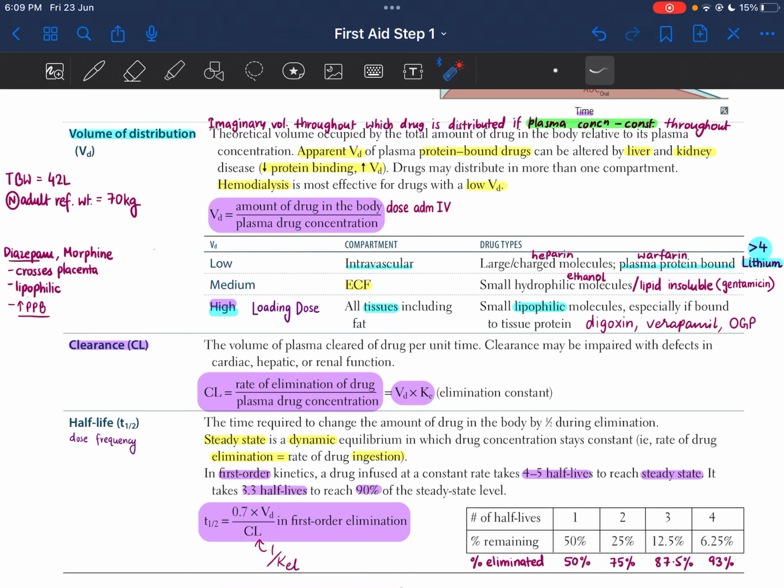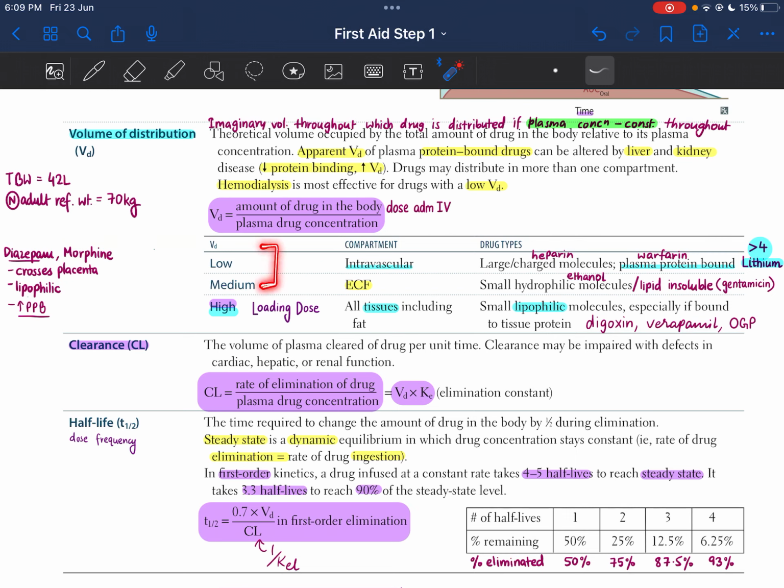I'll leave the link in the pinned comments for that video. So it's a whole list. Lithium can be added to that, and whenever you go through that list, wherever you see dialysis, you can directly correlate that it's going to have a low volume of distribution. So that's why we are using dialysis as an antitoxin mechanism. Okay, now let's go forward.